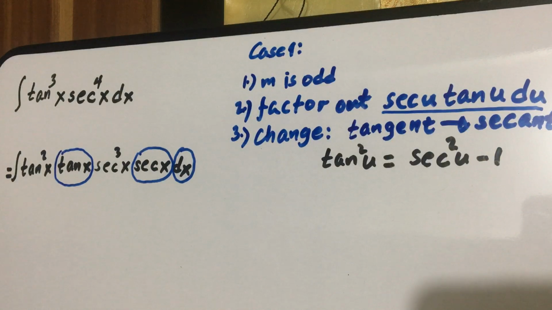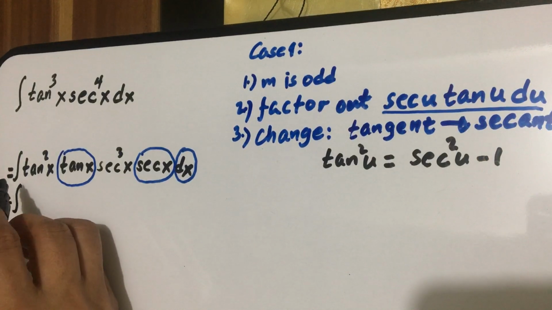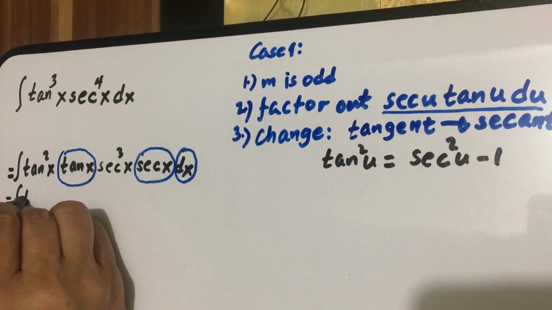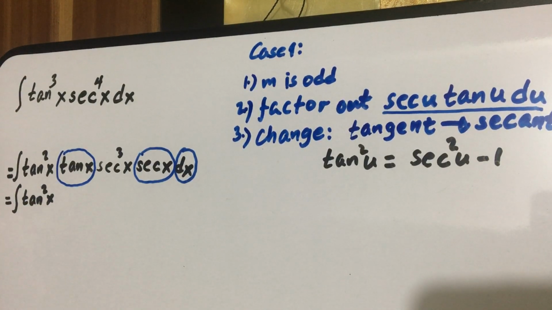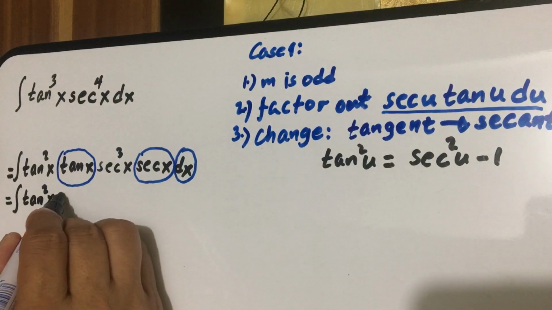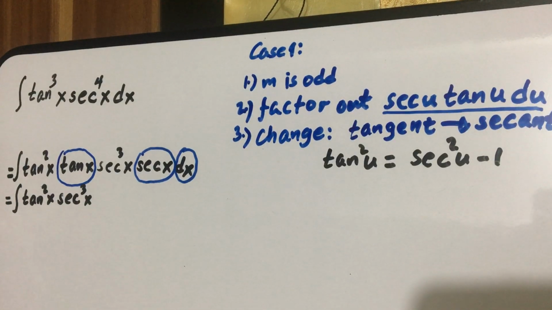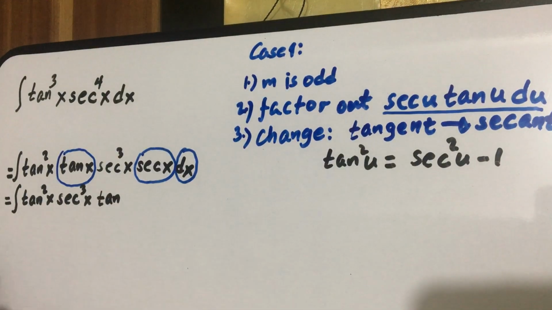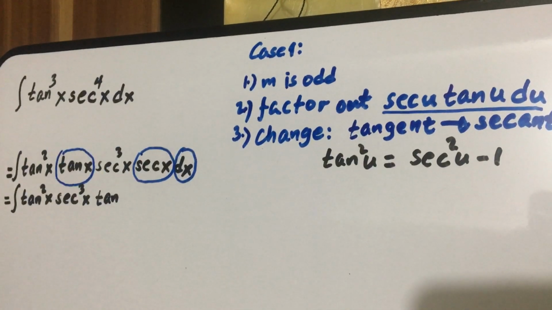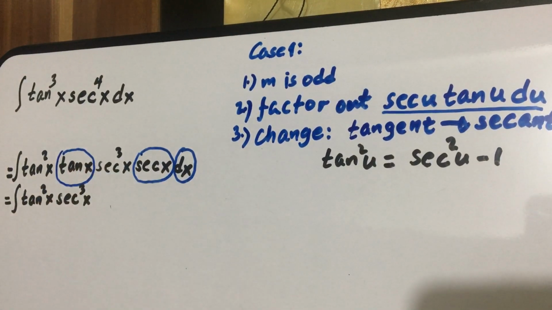Rewriting, we can write this as integral of tangent squared x multiplied by secant cubed x then times tangent x, or we can interchange. You can write secant before tangent.